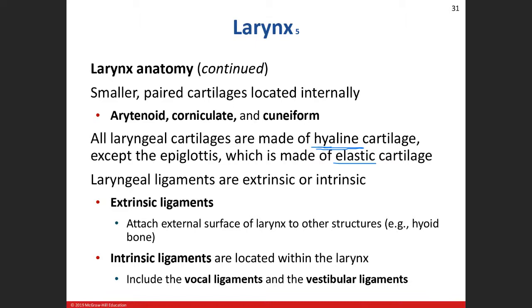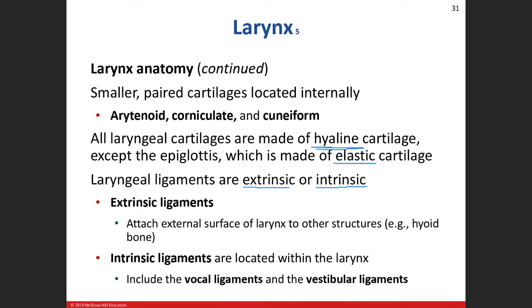And you heard me talk about how in the larynx you are going to have ligaments and muscles. So we break down the ligaments into the external, or the extrinsic, and then the more inner ones, the internal, or the intrinsic.